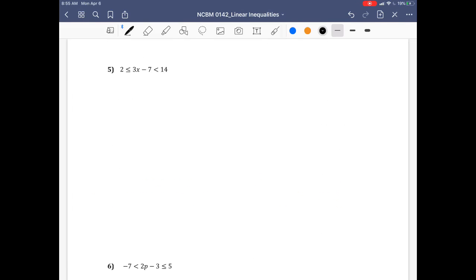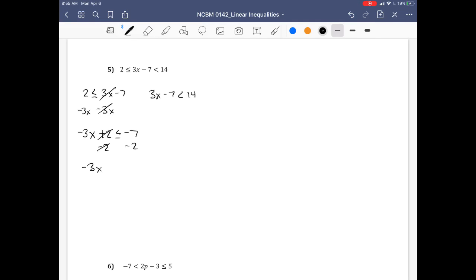In this problem, I'm going to be separating this thing. So we have 2 less than or equal to 3x minus 7, and then I have 3x minus 7 is less than 14. I'm going to solve the same way, leaving x on the left. So I have negative 3x plus 2 is less than or equal to negative 7, minus 2 to both sides.